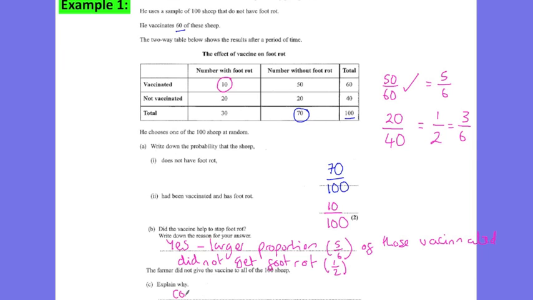Because he needed to compare between vaccinated and non-vaccinated sheep so that he could work out if the vaccine was working. Another way of saying this, you'll be familiar with this from science, is that he had a control group, to be able to make a comparison as to whether the vaccine worked or not.